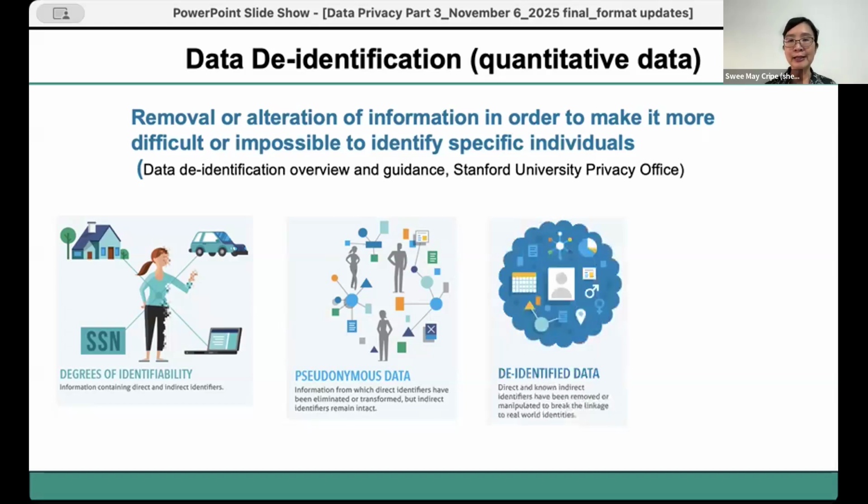And as we move along this, we arrive at de-identified data, where both direct and known indirect identifiers are removed from the data so that there is no linkage to real-world identities. So think about the data or information that your organization collects and where it is on the spectrum.